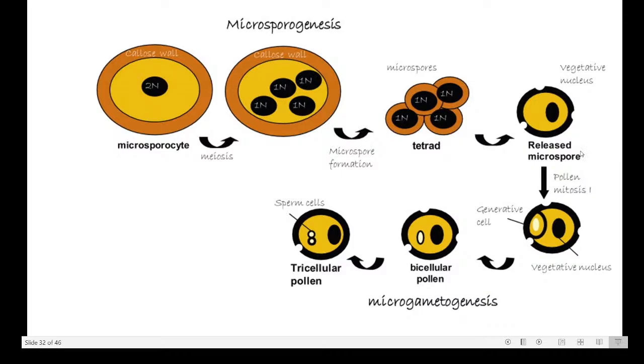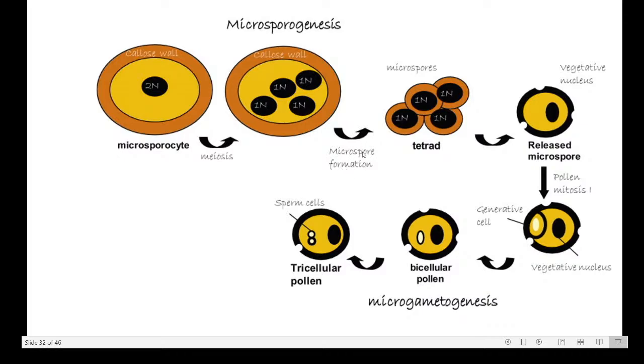These tetrads come to the next process, microgametogenesis. This process is called microgametogenesis. The first thing is the microsporocyte goes through the meiosis process and comes to four end cells. After the four-end cell condition, it goes to the microspore process.